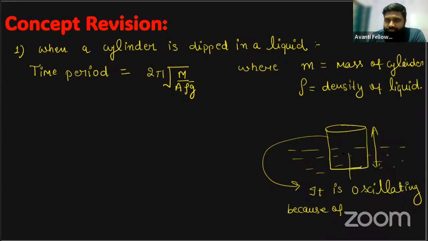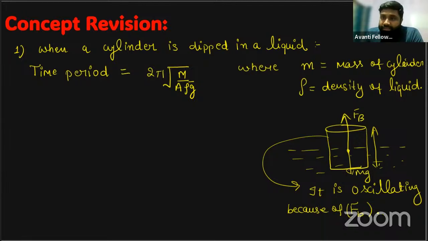First is the weight mg, and second is the FB, which is the buoyant force. The buoyant force is mainly responsible for the oscillation. So because of buoyancy, or FB, you can say buoyant force. Got it?